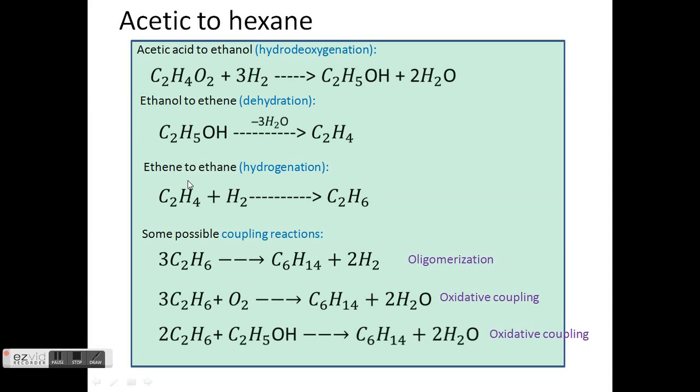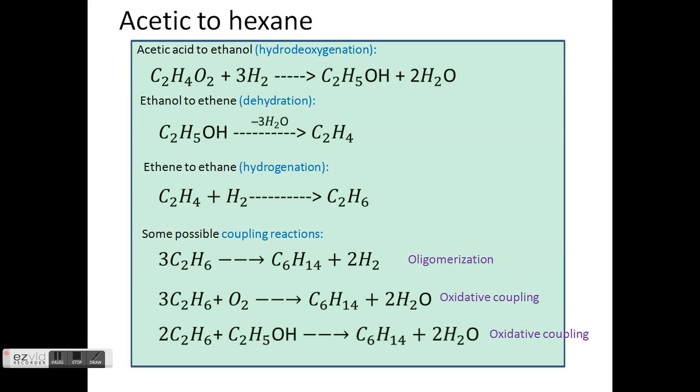I like to put it here, or you can write your equation plus water, but I love to write it this way. And then you can convert the ethene, which is an unsaturated hydrocarbon with double bonds, to ethane through hydrogenation to saturate it. As you add more hydrogen, you remove the double bond and get it saturated.